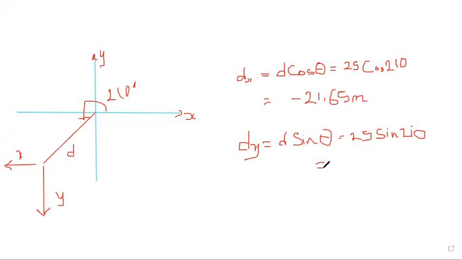At this point, using my calculator, sine of that is going to give me negative 12.5 meters.